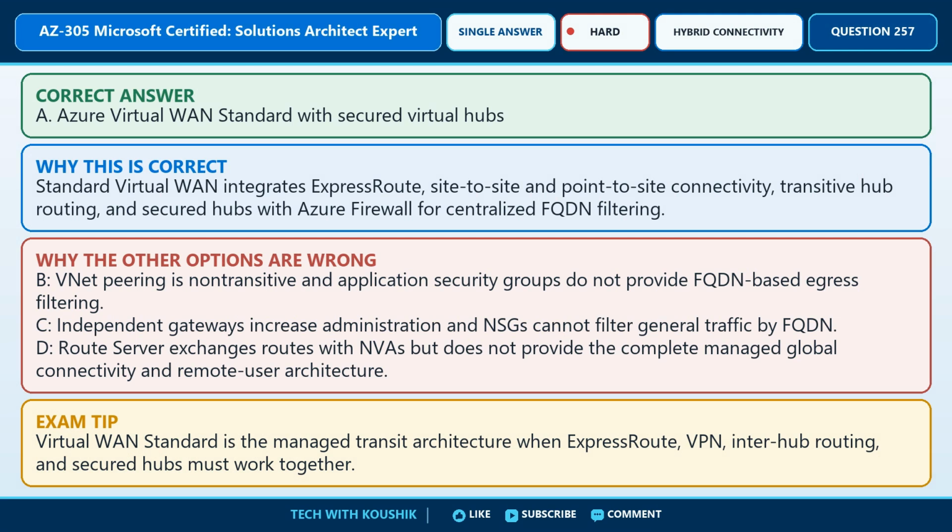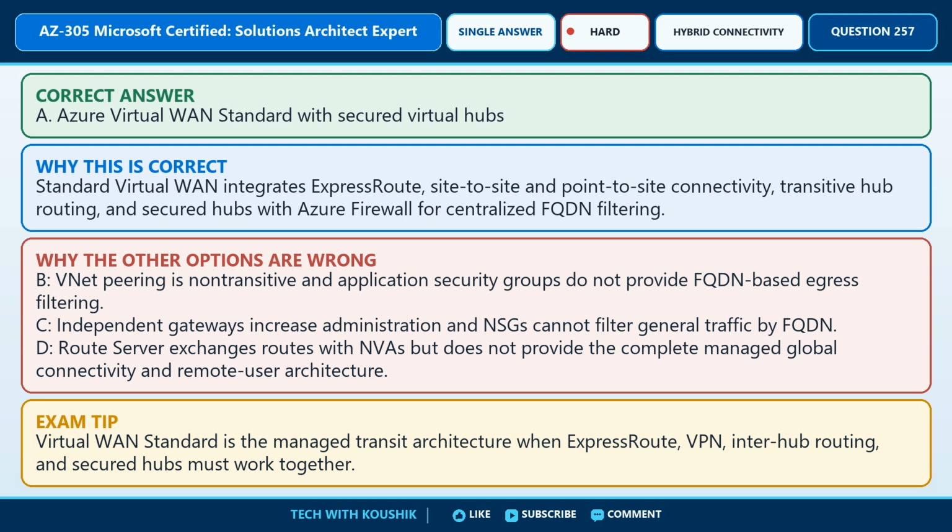Here is the technical justification. Standard Virtual WAN integrates ExpressRoute, site-to-site and point-to-site connectivity, transitive hub routing, and secured hubs with Azure Firewall for centralized FQDN filtering. The remaining options are incorrect because B, VNet peering is non-transitive and application security groups do not provide FQDN-based egress filtering.